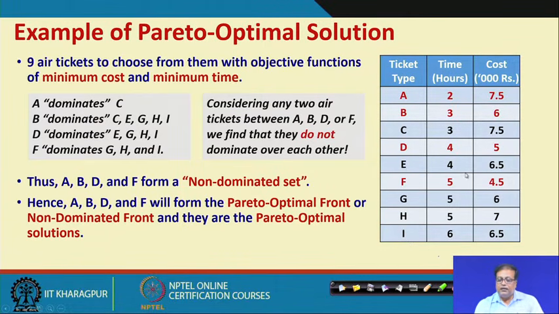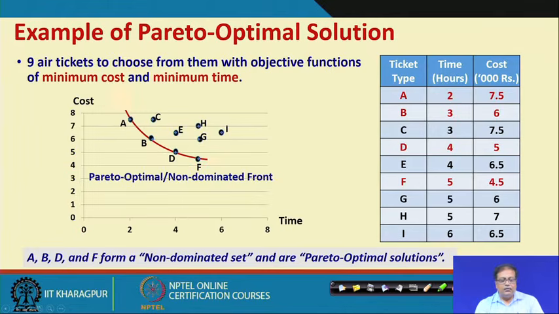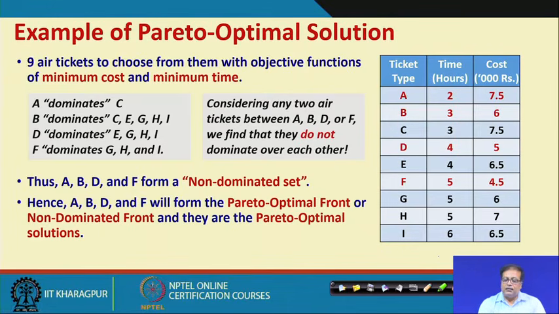Because look here, between D and E, you can see both are the same time, but cost is lower in D. And with regard to G, H, I, D is better in both respects, right.